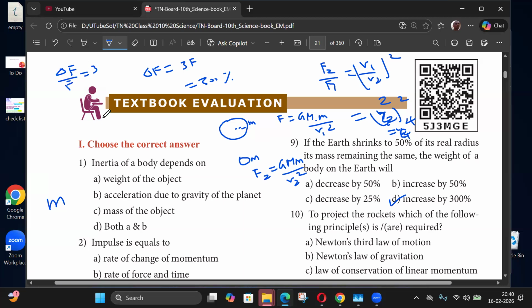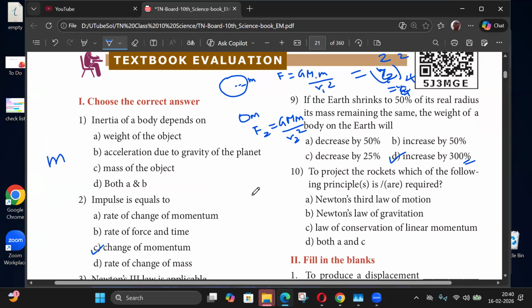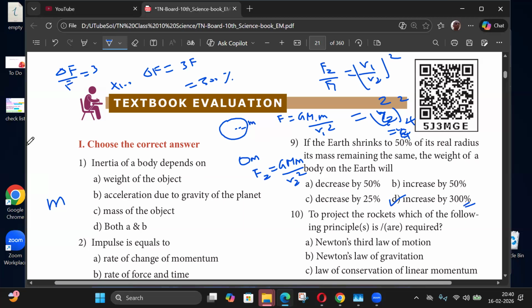In terms of percentage, you have to multiply by 100. Percentage change is the change compared to the original into 100.